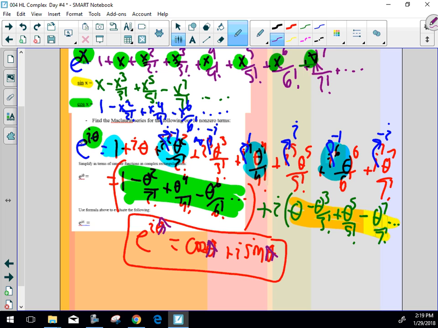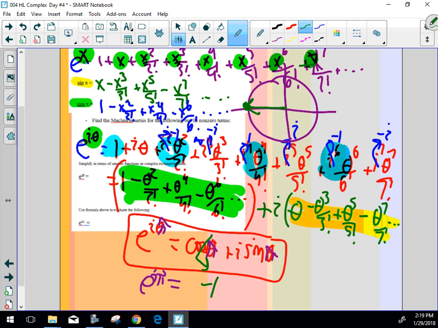What's the cosine of pi on the unit circle? -1, right. And what's the sine of that going to be? 0. So e to the i pi is -1 plus 0.